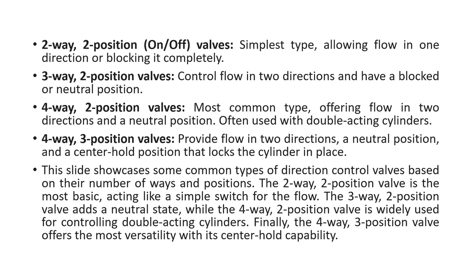A 4-way 2 position valve is normally used for a double acting cylinder, in which there is no neutral position. Then a 4-way 3 position valve, with 4 ports and 3 positions, is used for a double acting cylinder in which a neutral position is there. It may be open type, closed type, or tandem type.